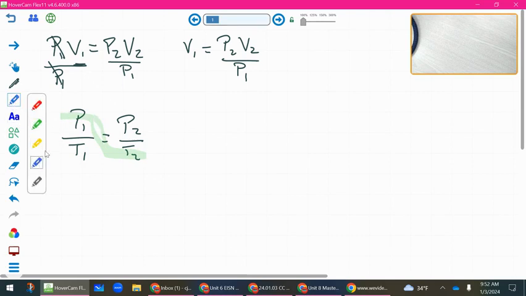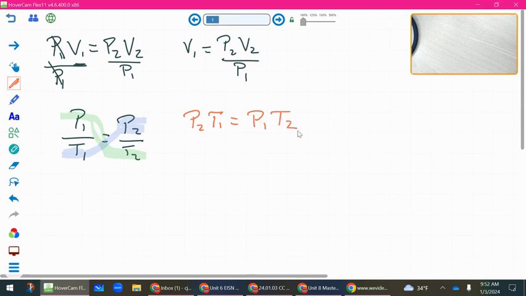In other words, the number on top on one side and the one on the bottom of the other get multiplied together. So this becomes P2 times T1 is equal to P1 times T2. Now it looks exactly like Boyle's law did.